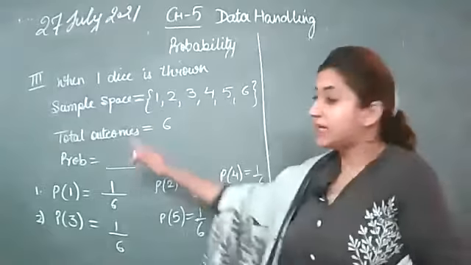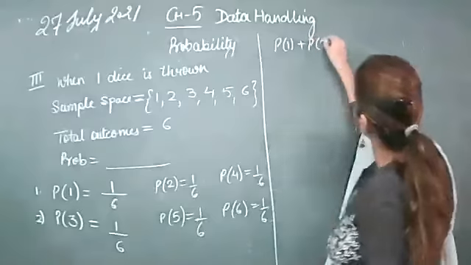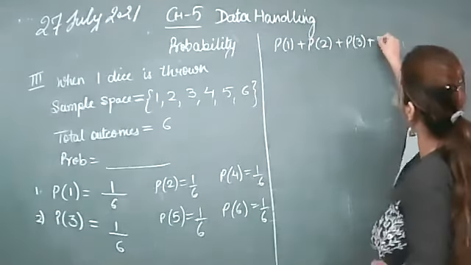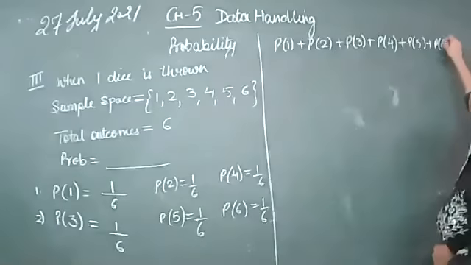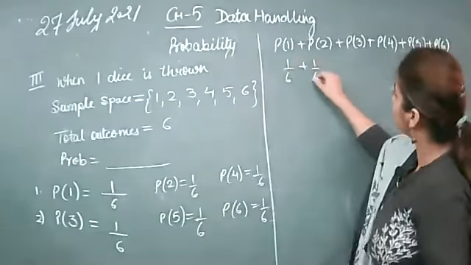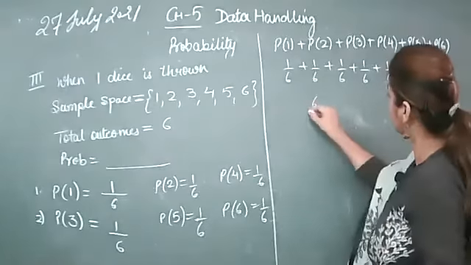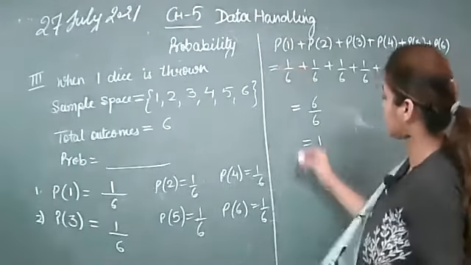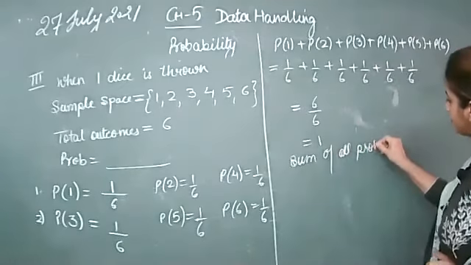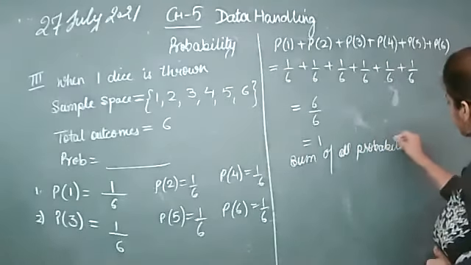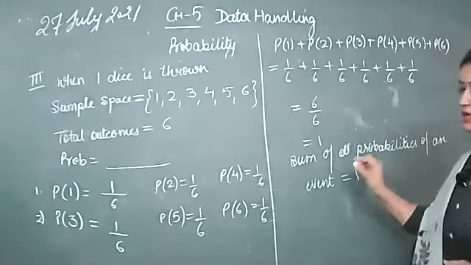Have you seen this thing? We have written the probability of each number, and if you add all these, then this will give you 1 by 6 plus 1 by 6 and so on, so that means the sum of all probabilities of an event is 1.